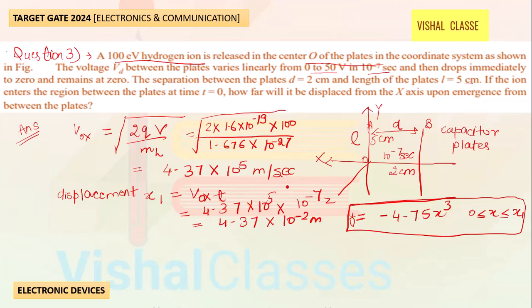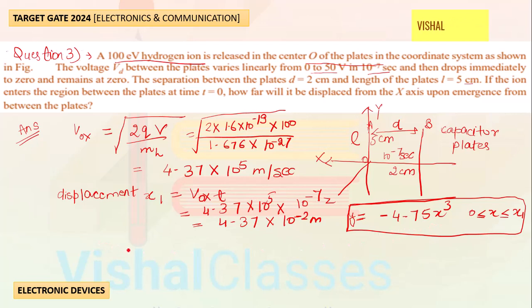If you derive this, how does it come out? This is a very long expression, and from the GATE point of view this is not required. Only remember this formula, the y relation with x.